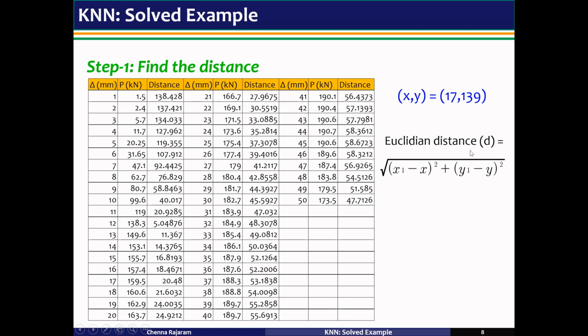The Euclidean distance equation is the square root of (x1 minus x) whole square plus (y1 minus y) whole square. We have other distance calculations also, like Manhattan distance and cosine distance. Here I consider Euclidean distance only.